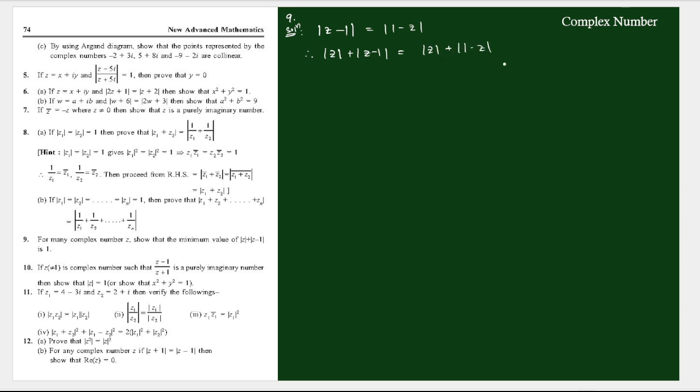Since it is modulus, you can interchange its place.